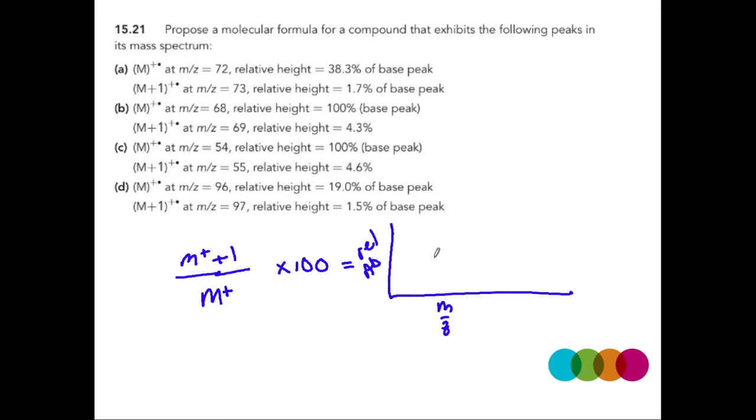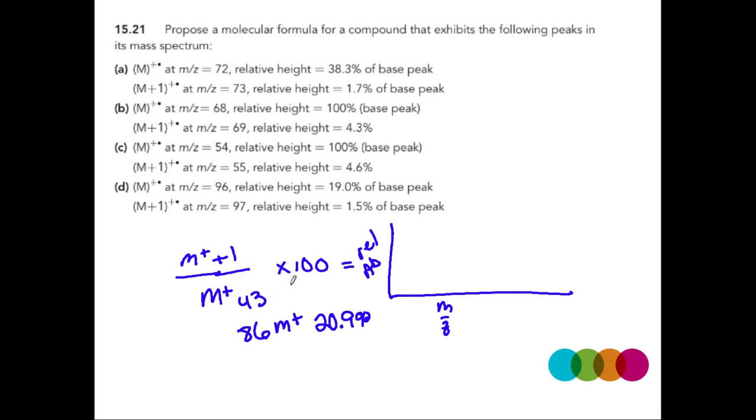I have a peak at 86, representing our molecular ion peak. That is 20.9% as high as the base peak, and my base peak is at 43.